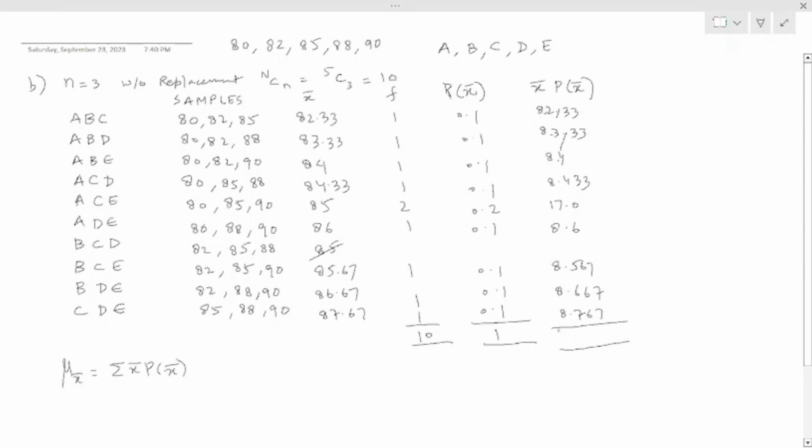Sorry, these are 8.233, not 82.33. And when we add them all, very surprisingly, we'll end up with the same value 85.